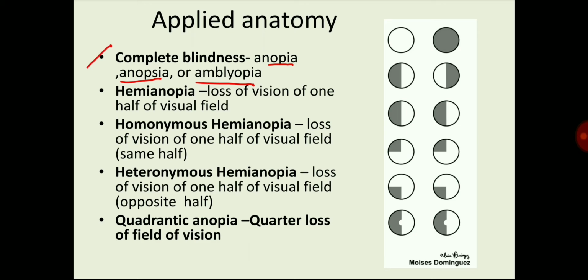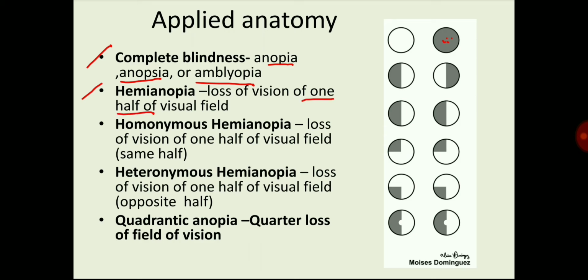So look at this image. Here there is a complete blindness of the right eye. So this is the anopia or anopsia of the right eye. Next is hemianopia, that is loss of vision of one half of visual field.